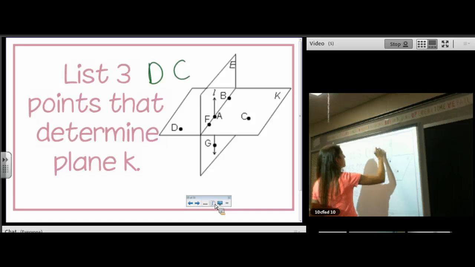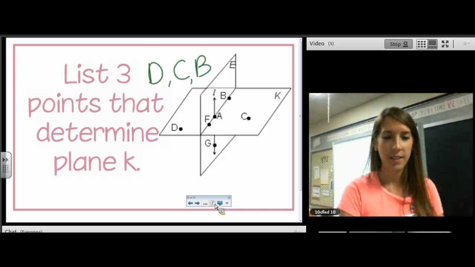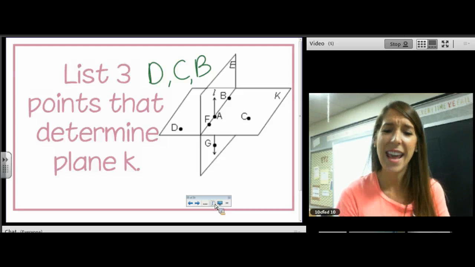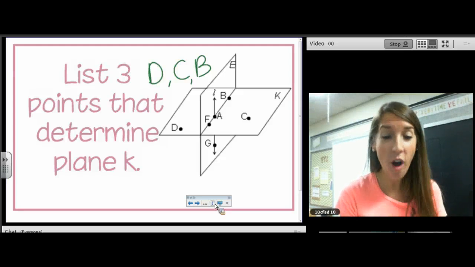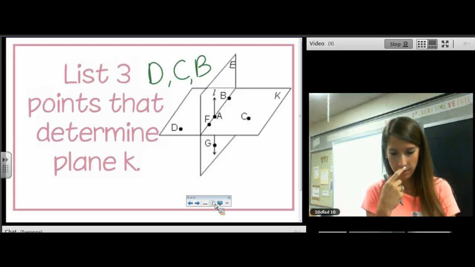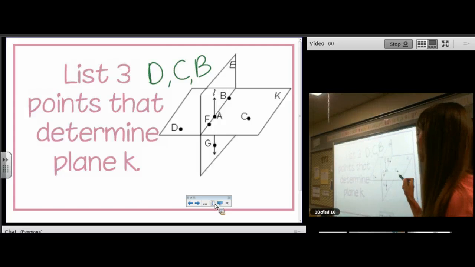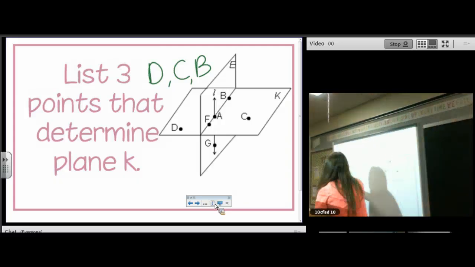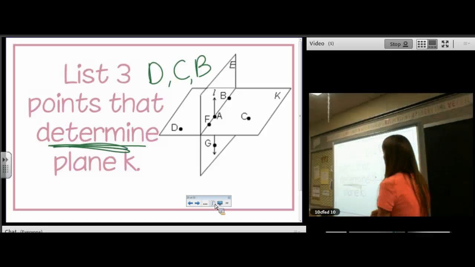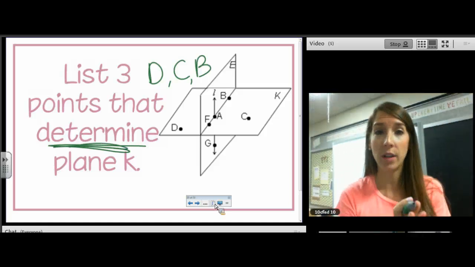The only thing that we have to be careful about is if we're going to determine plane K, we can't just name any 3 points. We have to make sure they're non-collinear points.